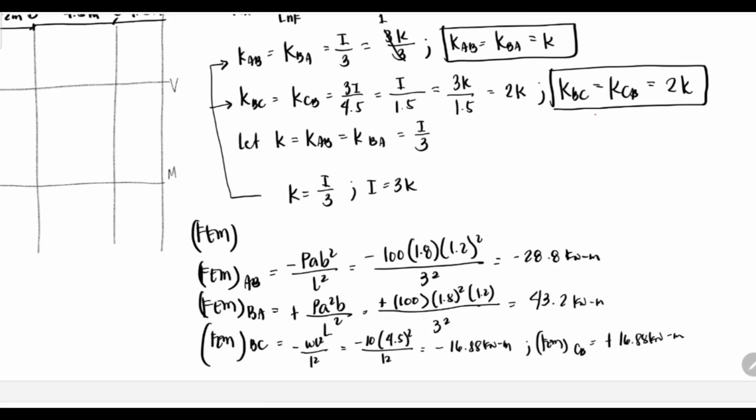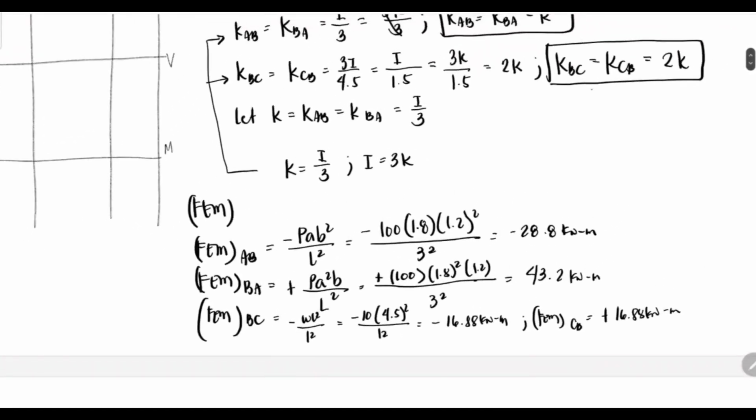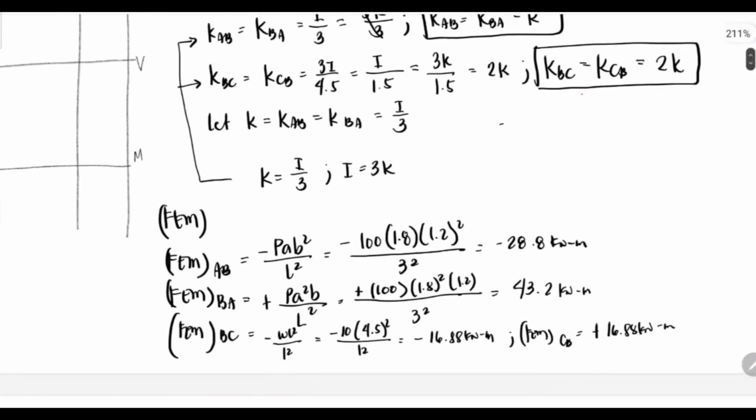Okay, next we have here overhang. As you can see, doon sa figure natin, may overhang na, which is yung sa C natin. Okay, so i-compute din natin ang ating overhang dito. So, pwede ko nang ilagay dito yung ating overhang. Overhang. Yan.